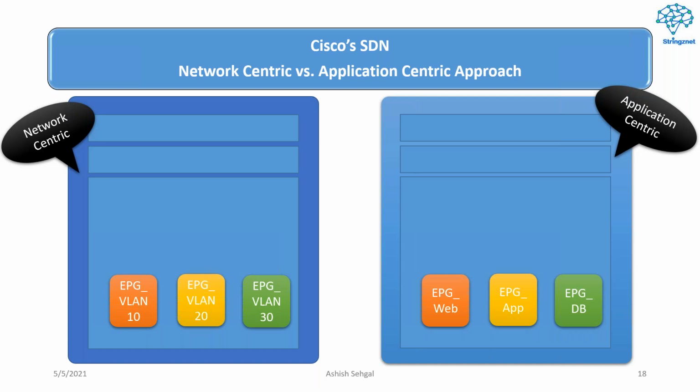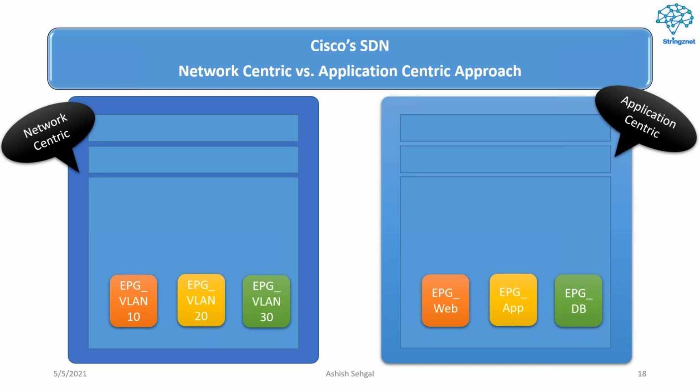The configuration we will do will be in terms of a terminology called EPG, wherein our focus on EPG will be to cater to the needs of various applications running in the data center. I know this is theory, but we will be doing this in our practicals.